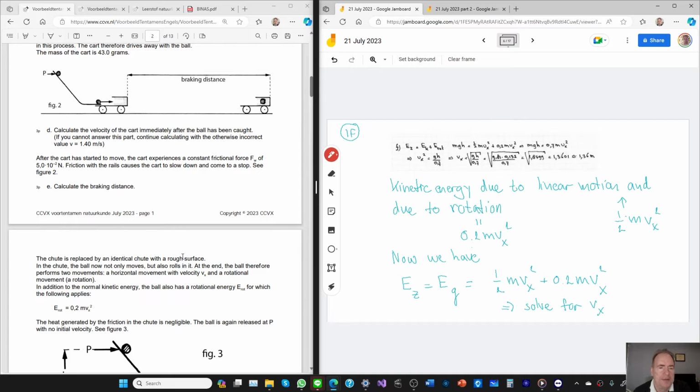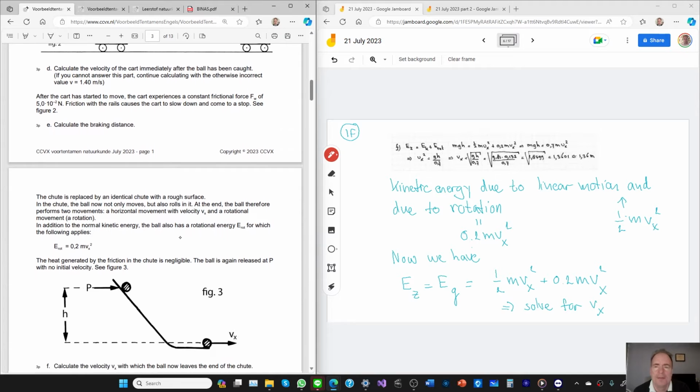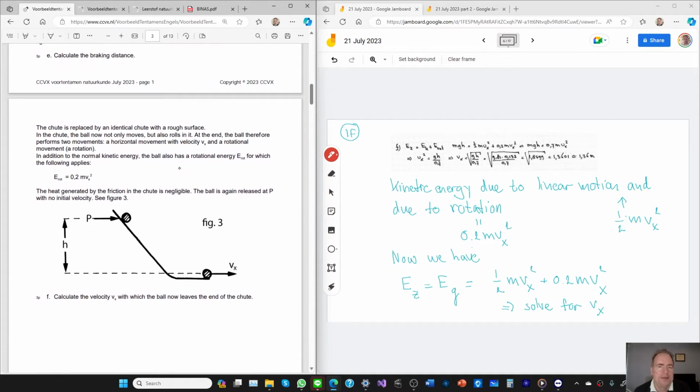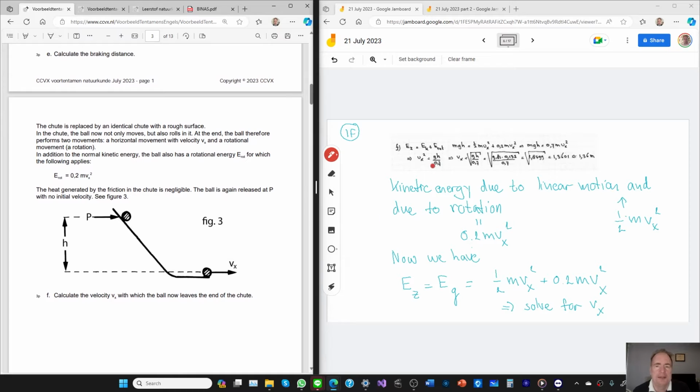Question 1F. Now the chute has a rough surface and actually the ball is rolling. That means that the kinetic energy has now two contributions. One is the linear motion in the format we know, 1/2 m v squared. But there's also some energy in the rotation of the ball, and they already give you here what it is.